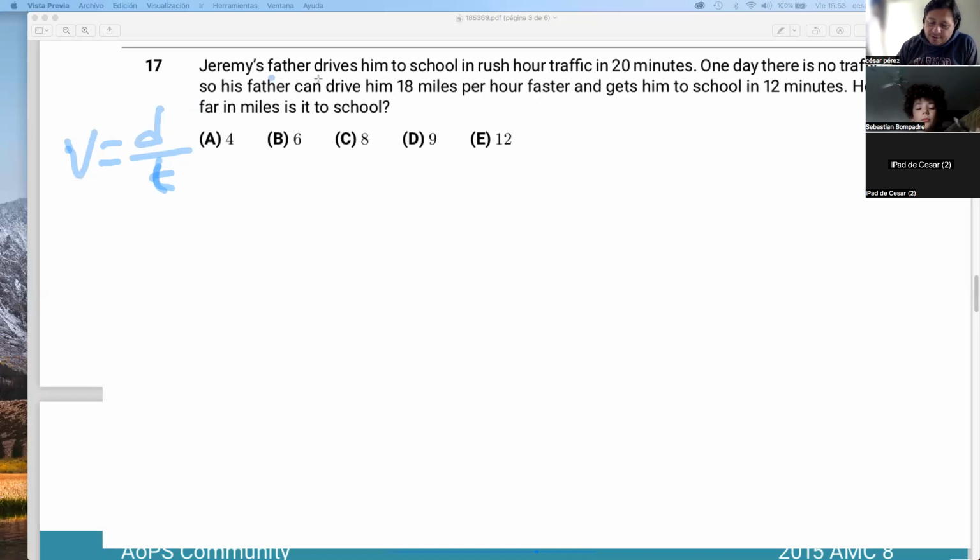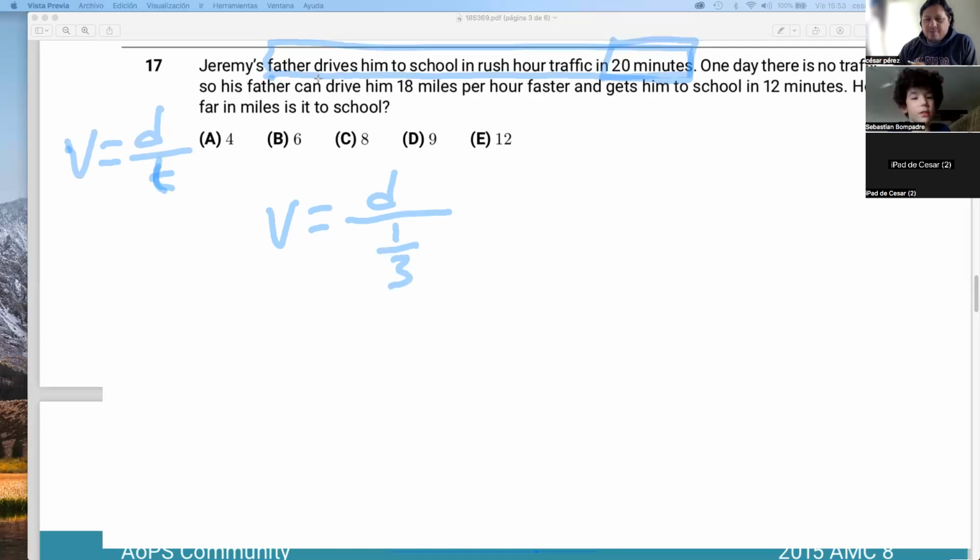Here it says, aquí dice, he goes to school and arrives in 20 minutes. Okay. Velocity will be the distance over how many hours are 20 minutes? 1/3.